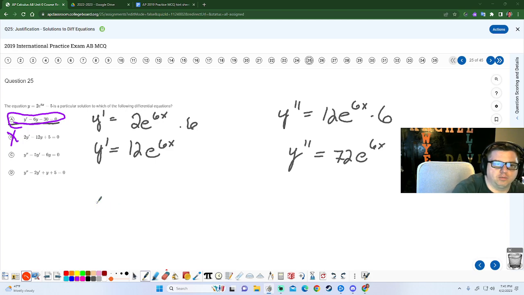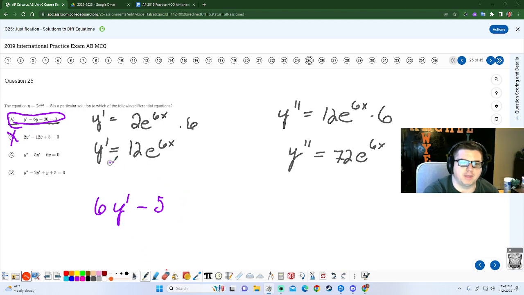So we're doing 6 times y double prime, right? Minus 5. Oh, we can actually, no, think about it this way. 6 times y prime, because y prime is this, right? And this is y prime times 6.